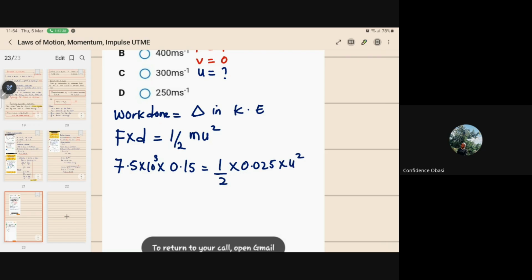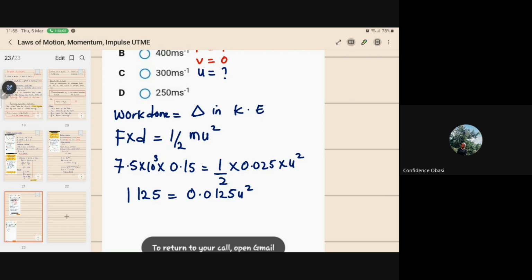So now, quickly, let me get my calculator, because the number is a bit big. I have 7.5 times 10 cubed, which is simply 7,500. 7,500 multiplied by 0.15 will give me 1125. So 1125 is equal to 0.025 divided by 2, which gives 0.0125 u squared.